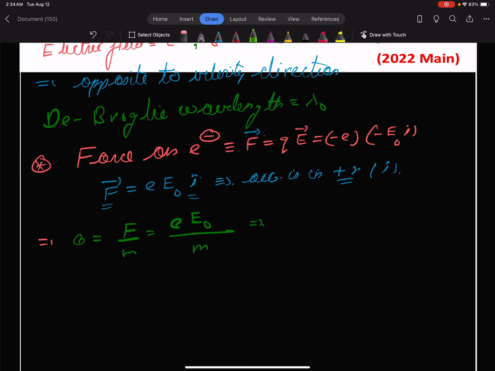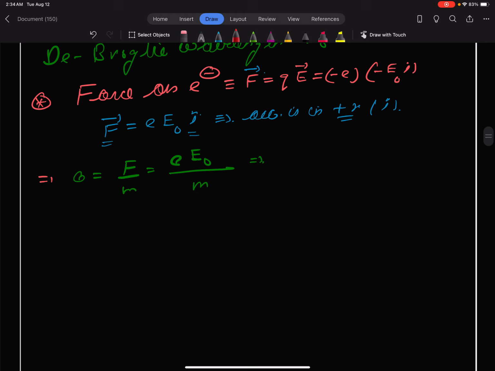we can use the kinematics equation also. Suppose the velocity at time t, let me write it here so you can see, using kinematics equation, velocity at time t is equal to initial velocity plus acceleration multiplied by time t.